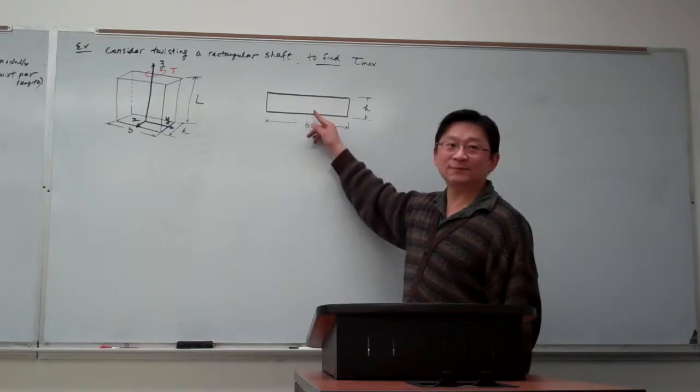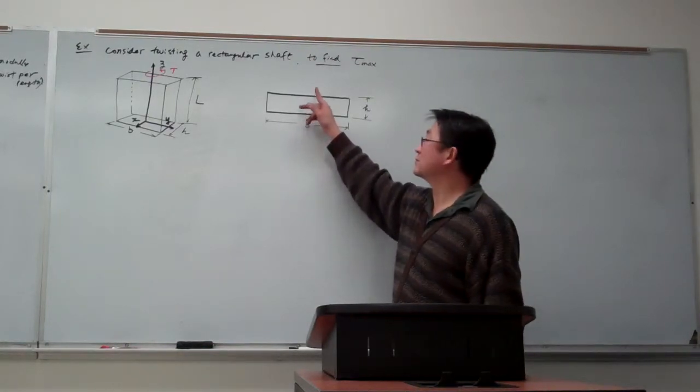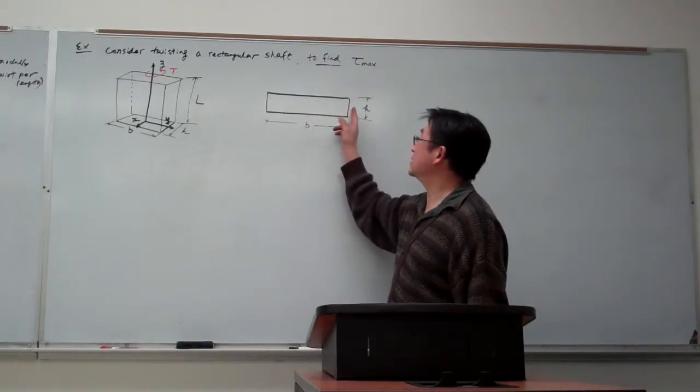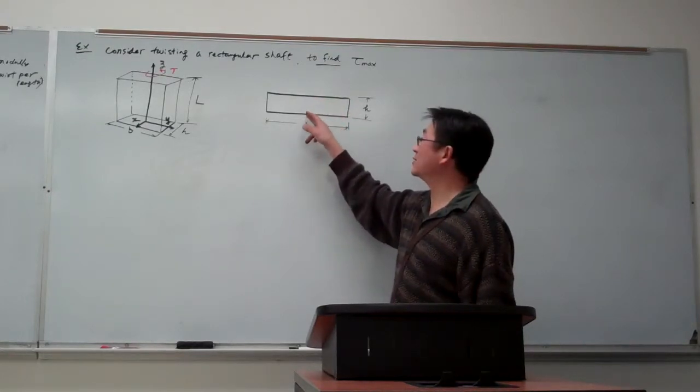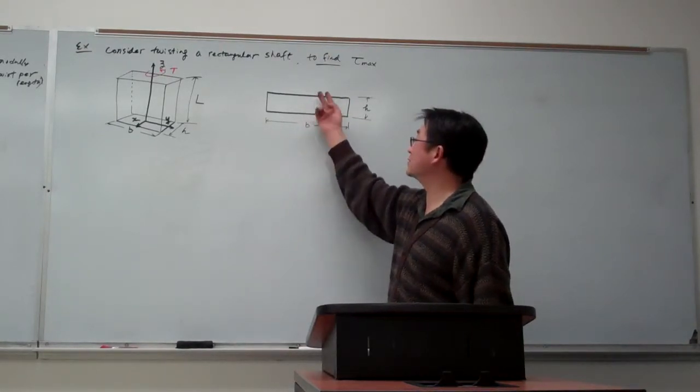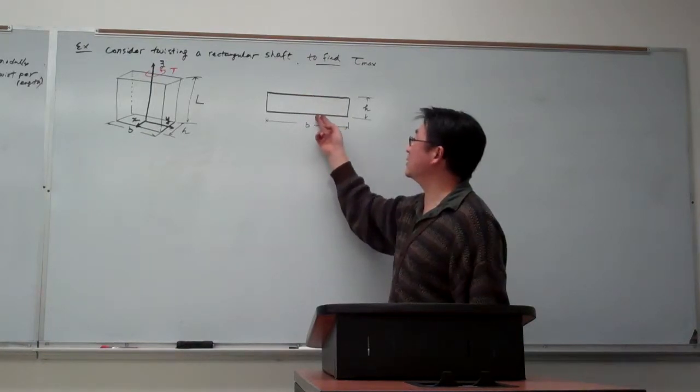Look at this cross section. At the top and bottom? At the center of A, B, C, D? The top and the bottom center here. So the maximum will be here and here.